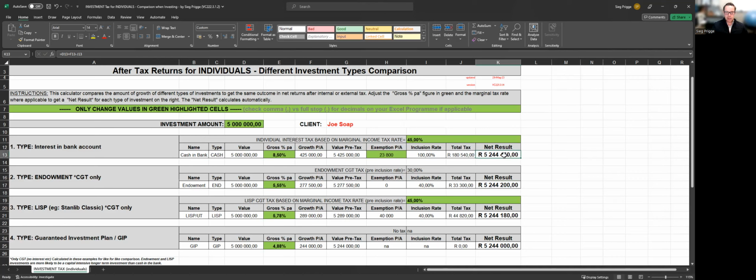That's the best way I can show you the effect of different return outcomes. In other words, if you earn a certain percentage of interest at the bank, in this case 8.5%, it doesn't mean if you earn 8.5% in a different investment that it has the same outcome.